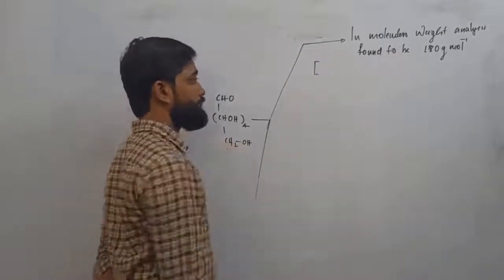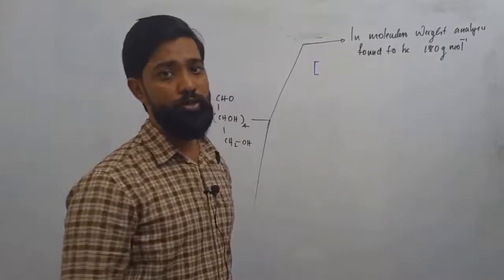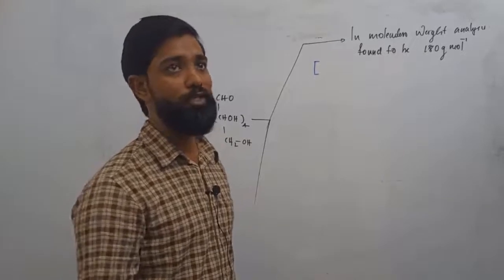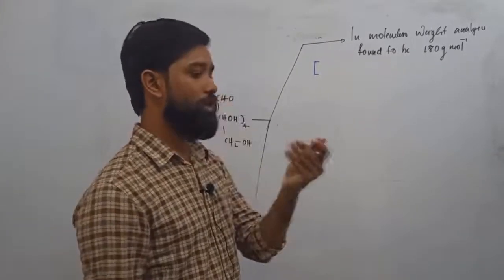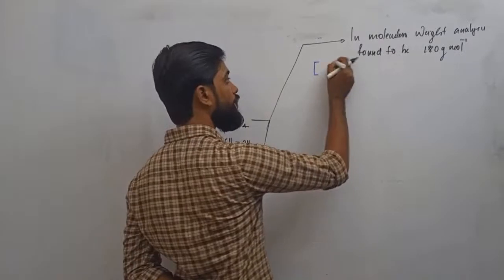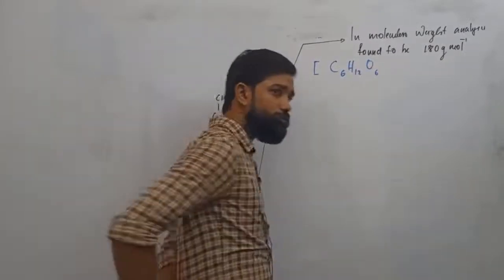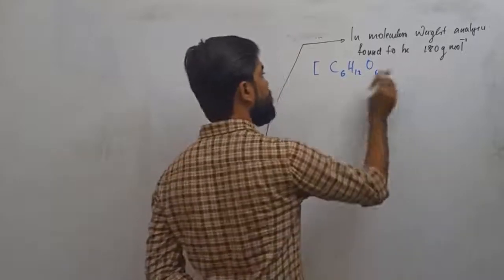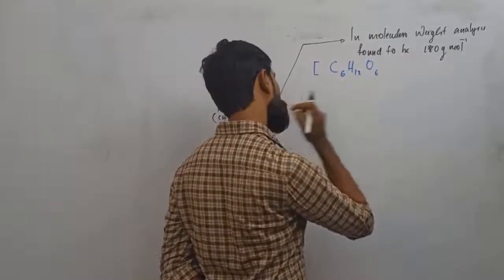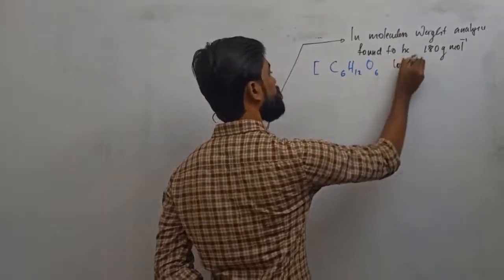What does it mean? It means that glucose has the formula C6H12O6, because only then is its formula weight 180. So the formula C6H12O6 is confirmed.